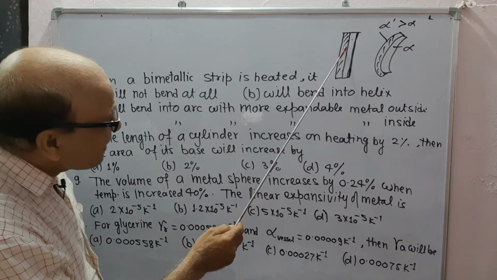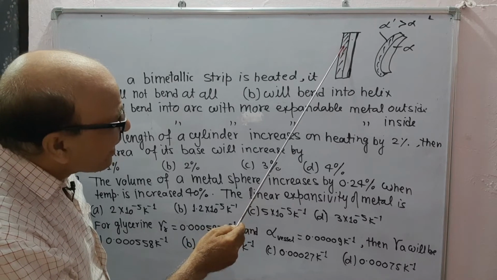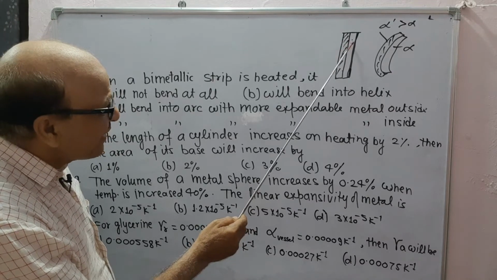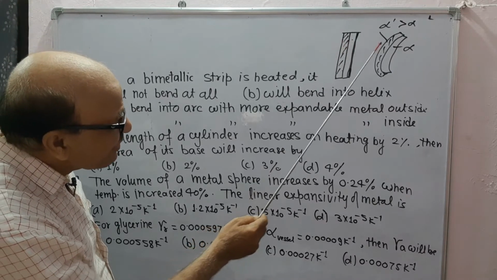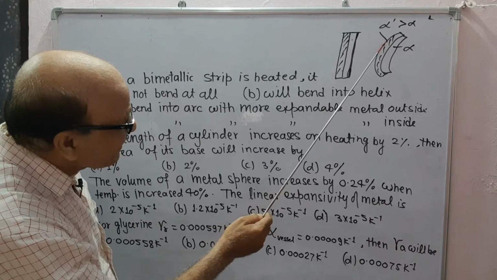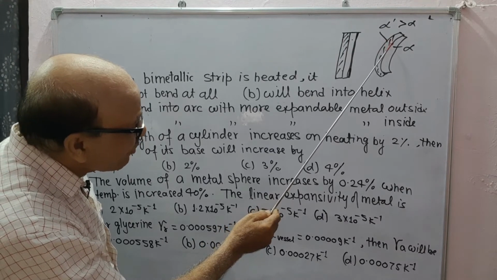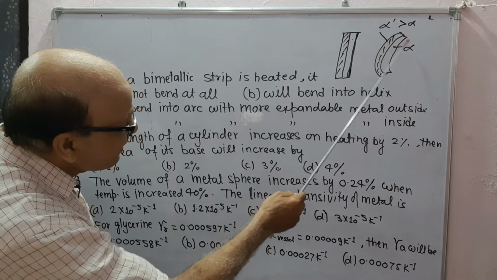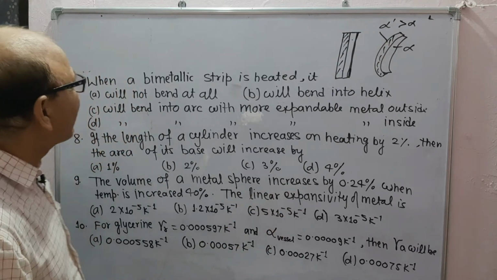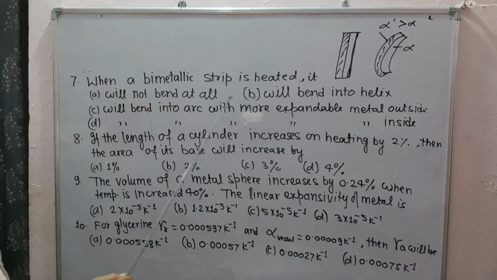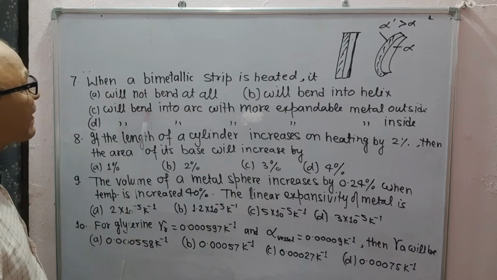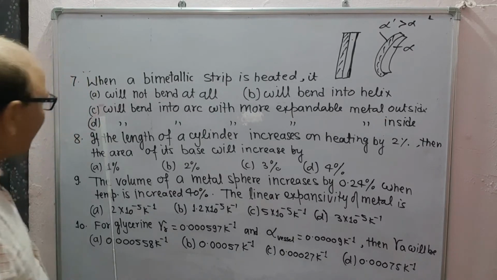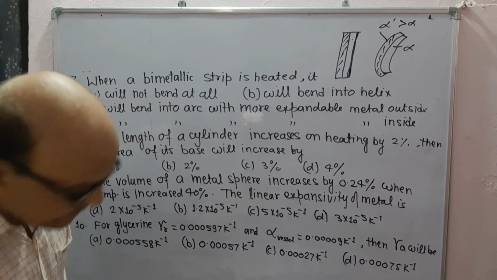If this metal has larger linear expansivity than this one, then on heating it will bend like this. That is, the more expandable metal will be on the outer side of the arc. Therefore, the correct answer will be this one. Correct answer will be C.